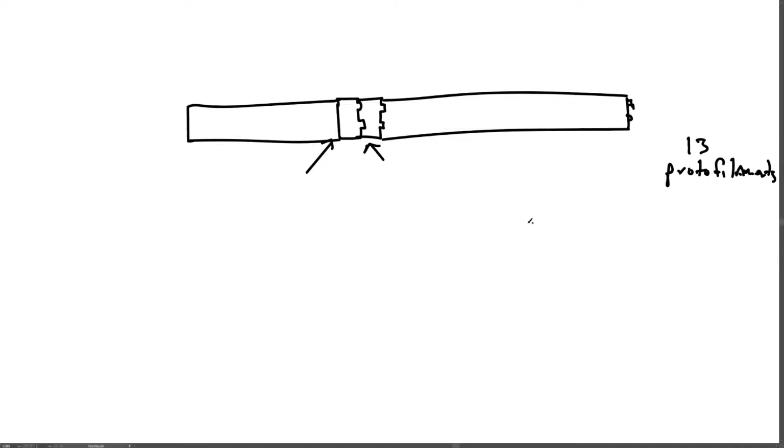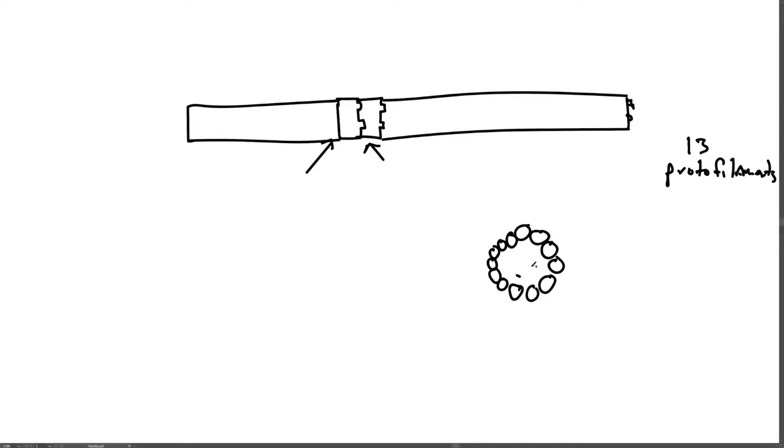And if you look at a microtubule in cross-section, then you see something like this. Let's see if I can draw this. You can see this ring of protofilaments, and it's a tube.